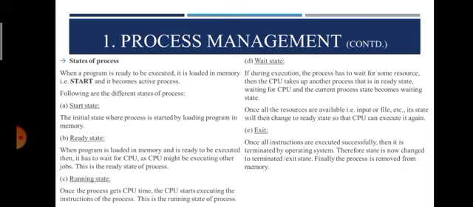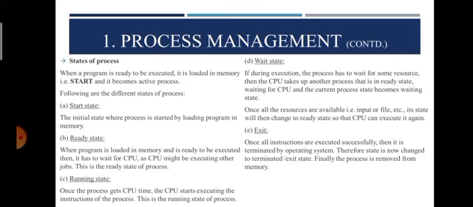This is known as the start. Following are the different states of process: start state, ready state, running state, wait state and exit. So these are the five different states of processes.